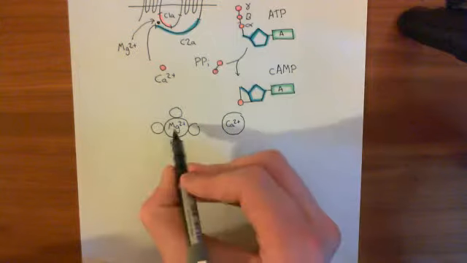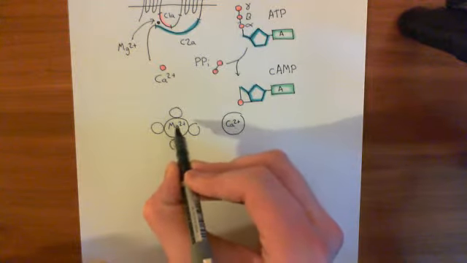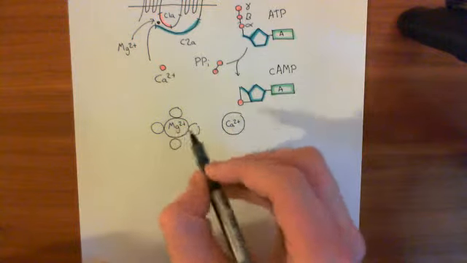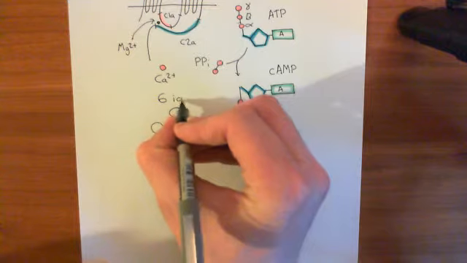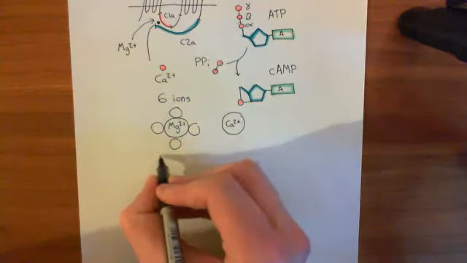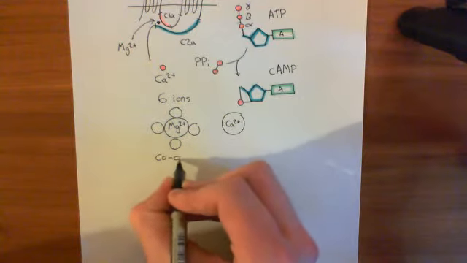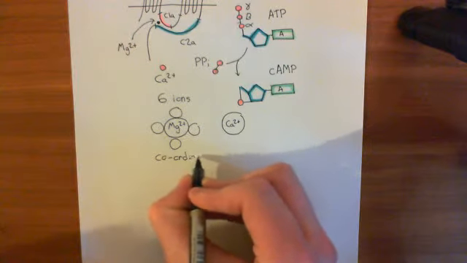Then you can also put one thing above it, i.e. out of the page, and one thing below it, i.e. into the page. So it can coordinate 6 other ions, basically. And these bonds are known as coordinate bonds. So we say that the magnesium ion can coordinate 6 other chemical species. It has 6 coordinate bonds.